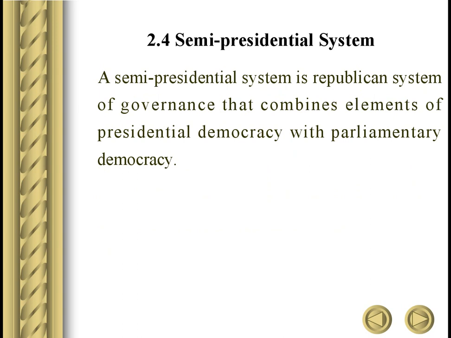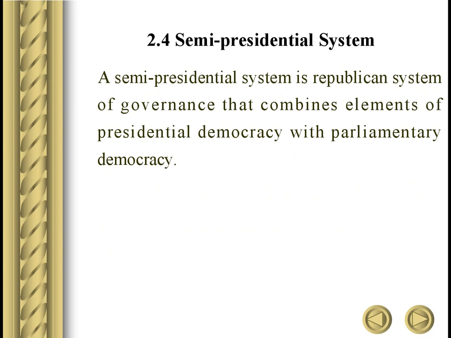A semi-presidential system is a republican system of government that combines elements from presidential democracy and parliamentary democracy. Typically, the head of state is the president, directly elected by the people with a large degree of power over the government, while the head of government is the prime minister nominated by the president, but who can be dismissed by the legislature.